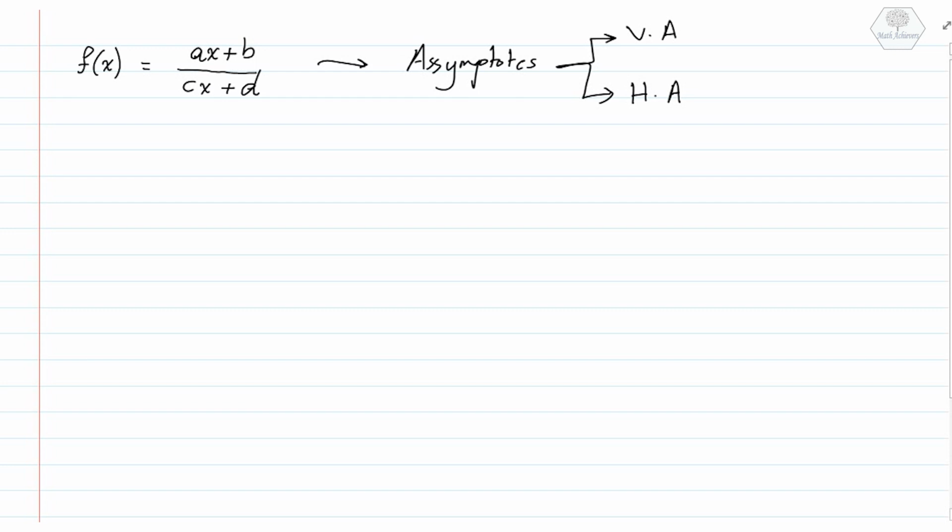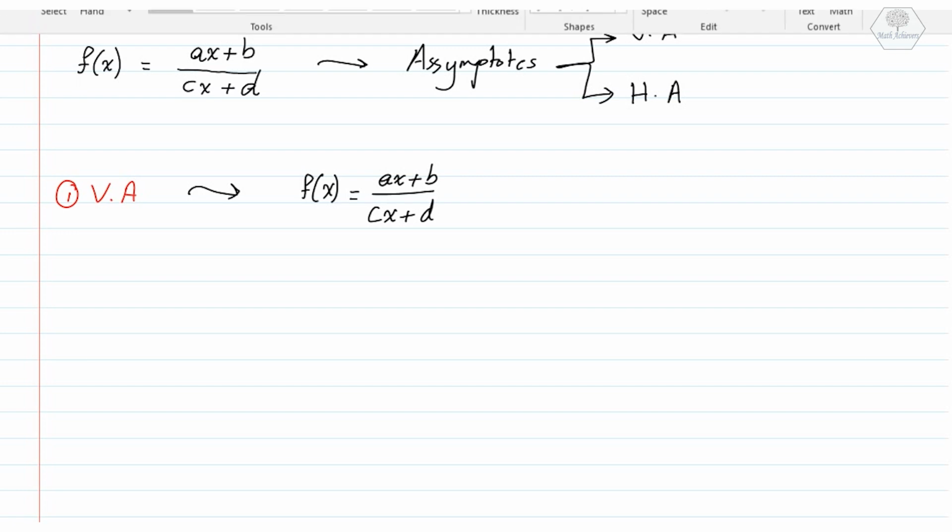Number one, let's start with the vertical asymptote. The vertical asymptote is an equation with x that makes the denominator equal to 0, because we can't have the denominator equal to 0. So our function is ax plus b over cx plus d.